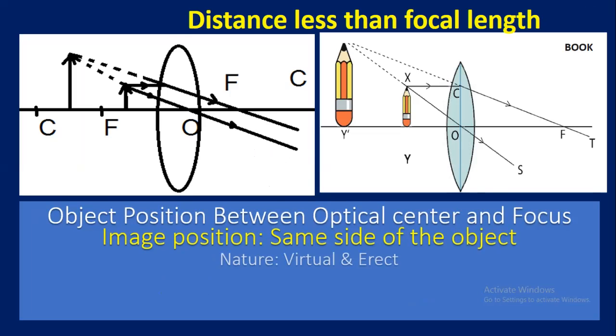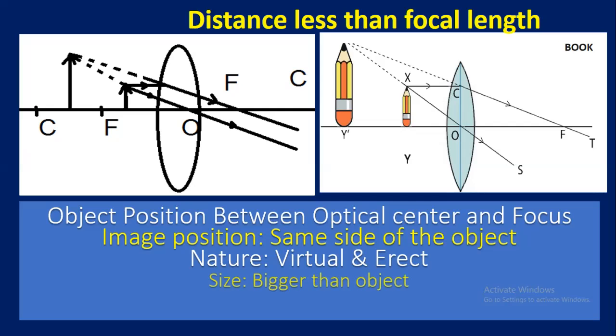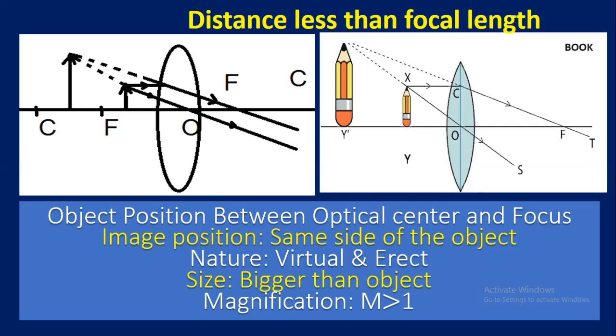The image is virtual and erect, the size of the image is bigger than the object, and magnification is greater than 1. In your book you will get a diagram, shown in the slide in the upper right side. This is all the information for the distance less than the focal length. If the object is placed at a distance less than the focal length, then we will observe such a diagram.